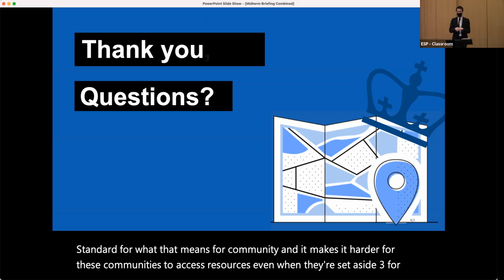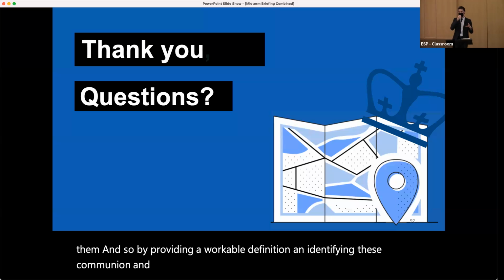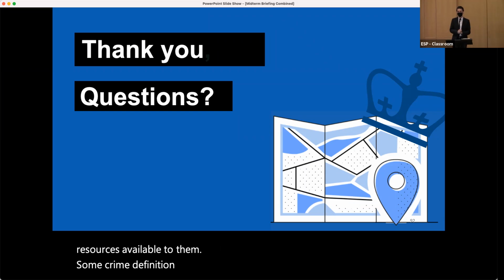And so by providing a workable definition and identifying these communities on a national scope, it'll help these communities to then access these resources available to them. So in providing the definition, it's primarily just to create a threshold that can be used across the country.